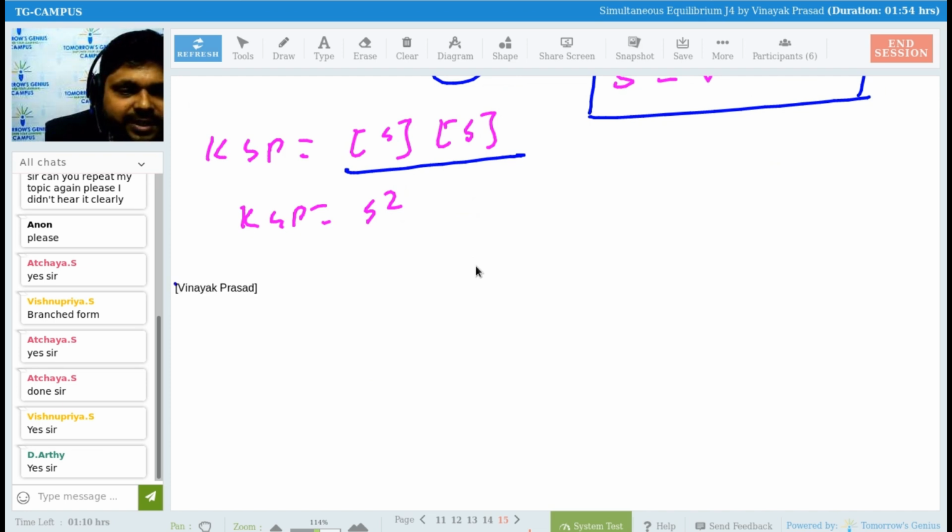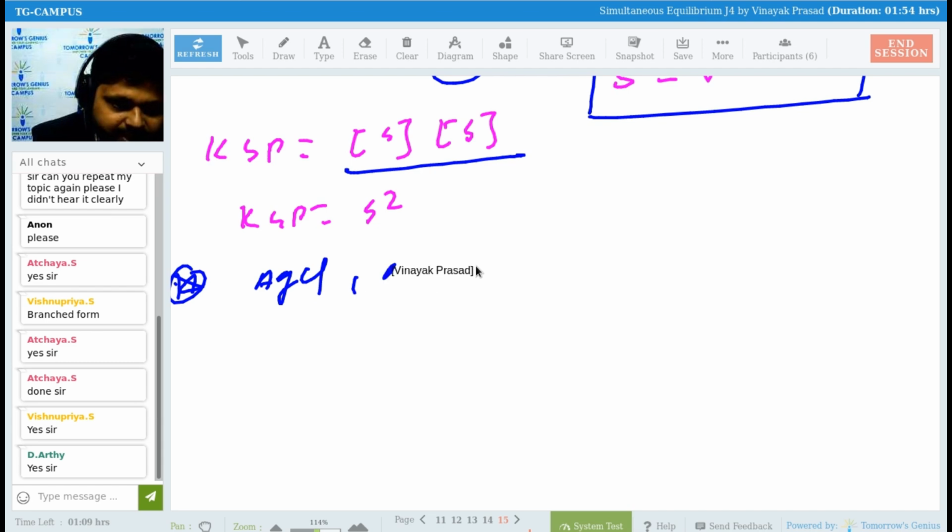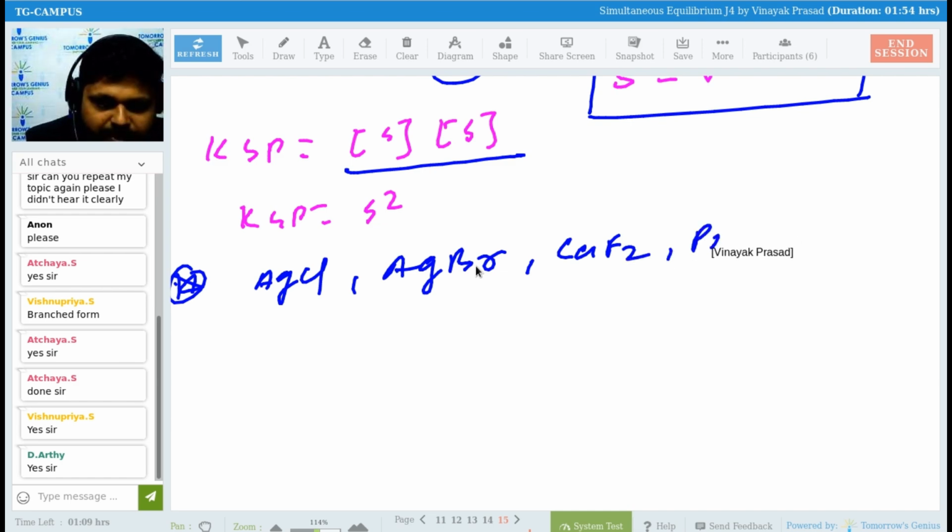Write examples of sparingly soluble salts. What are these sparingly soluble salts, guys? First example is AgCl. Second example is AgBr. Third example is CaF2. Then PbBr2. Sorry guys.